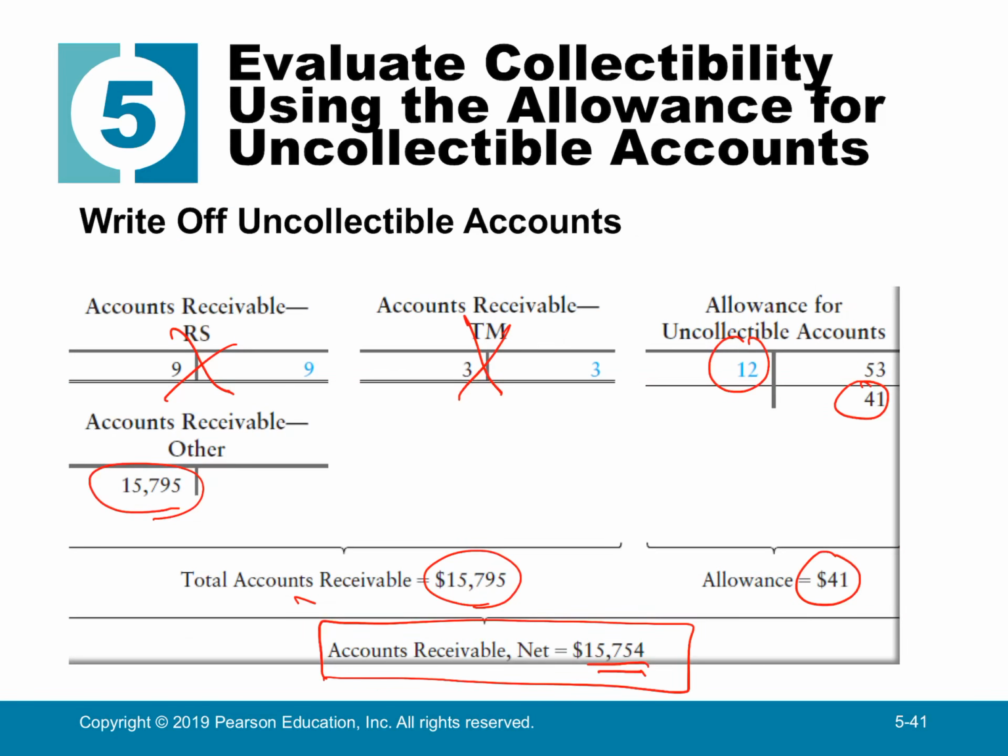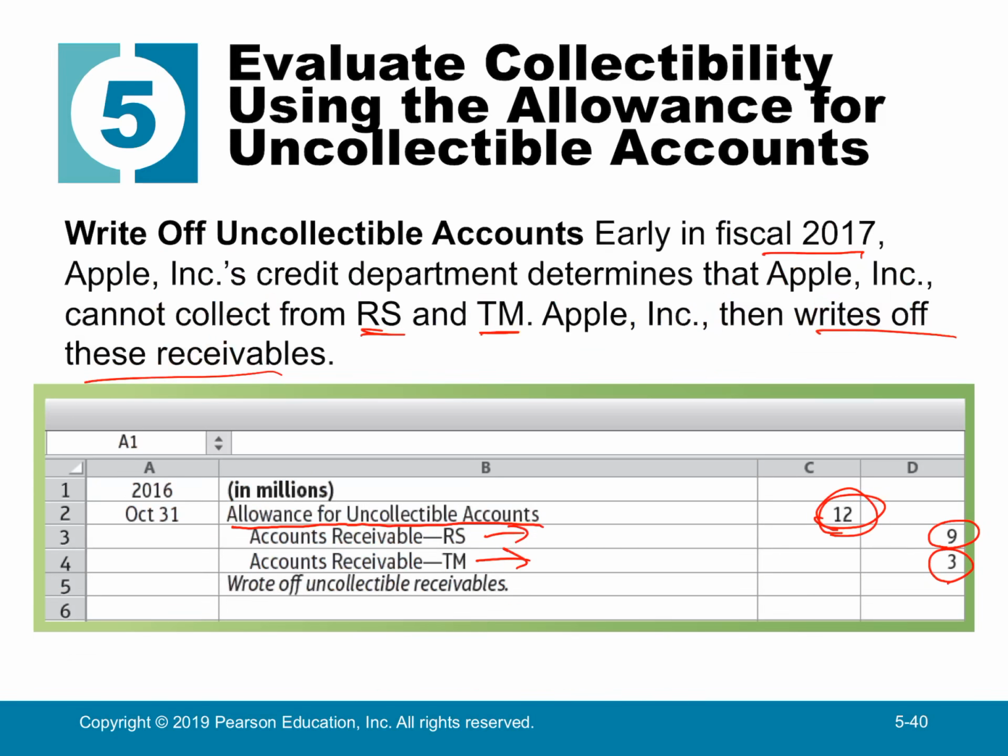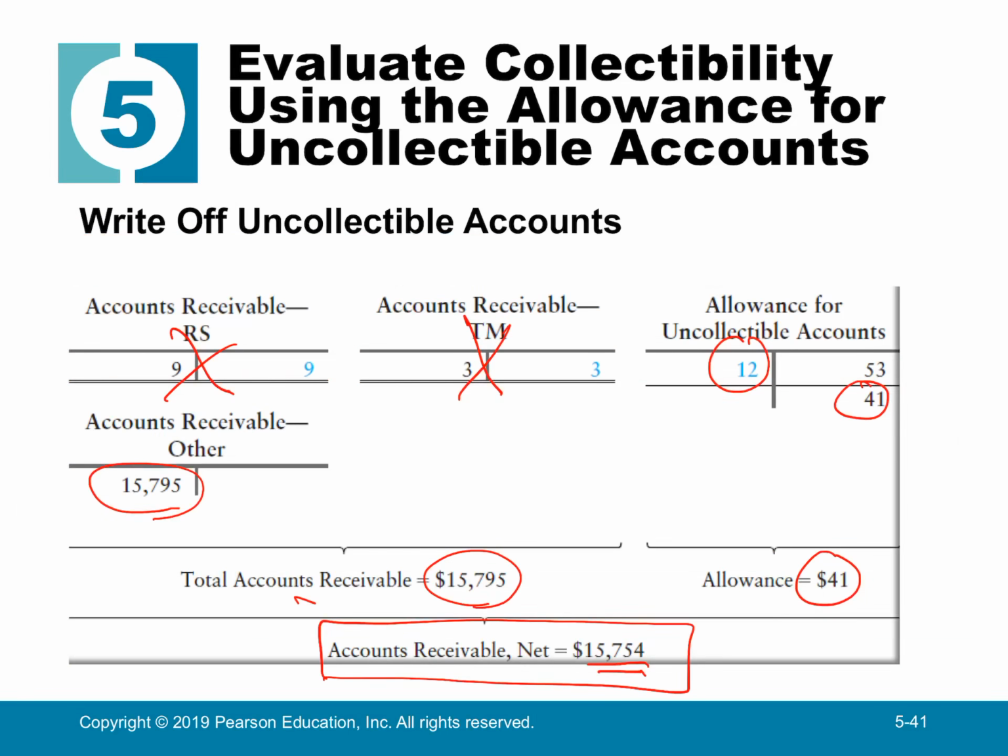So as you can see, using this method, the actual write-off of uncollectible accounts leaves our net accounts receivable the same, because we have this bucket allowance for uncollectible accounts that we pull from. This is the key takeaway from this entire section and chapter.